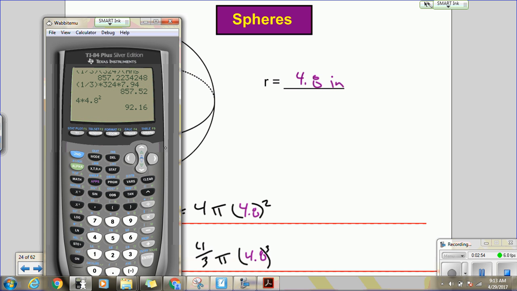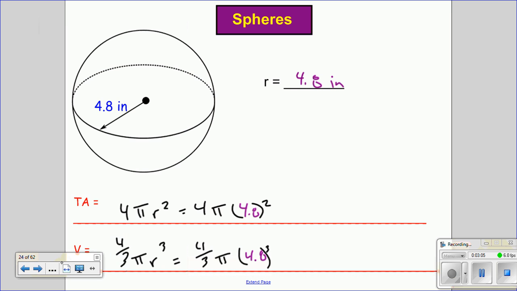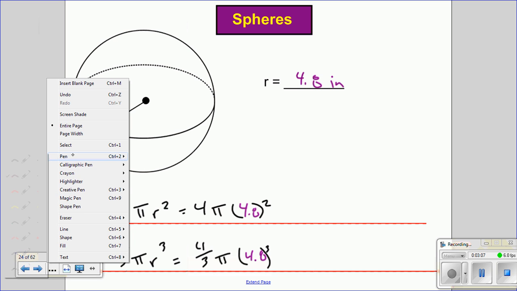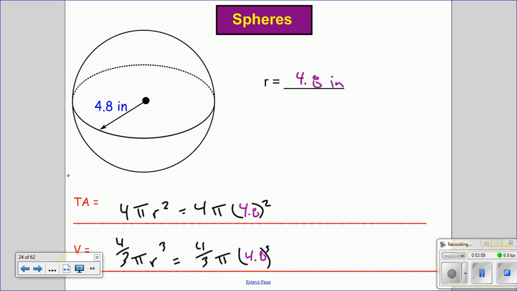So it would be 92.16 pi inches squared. 92.16 pi inches squared for the exact, or in terms of pi.